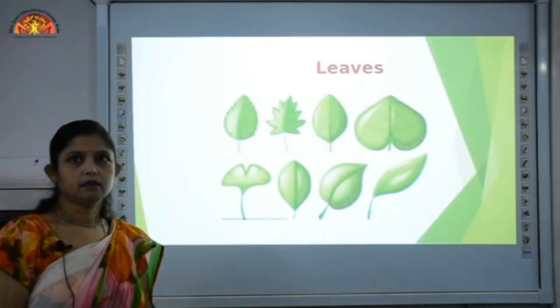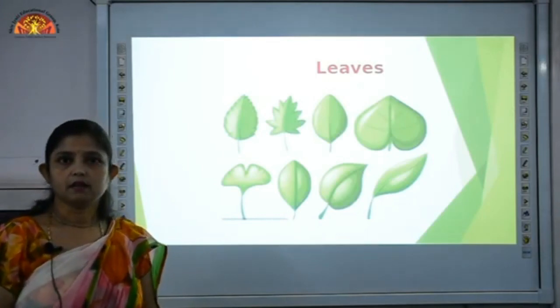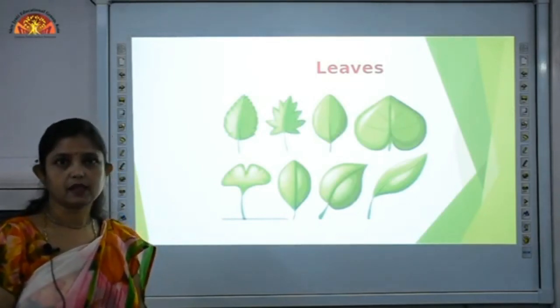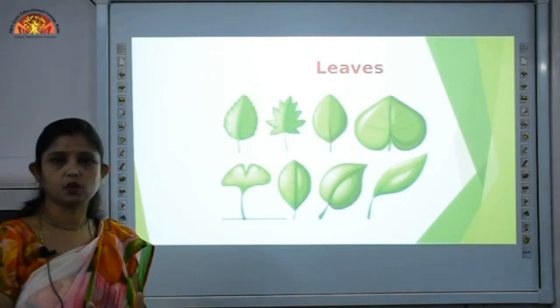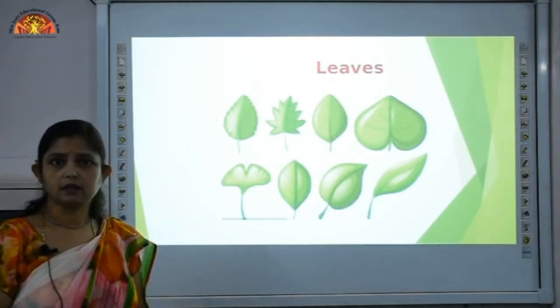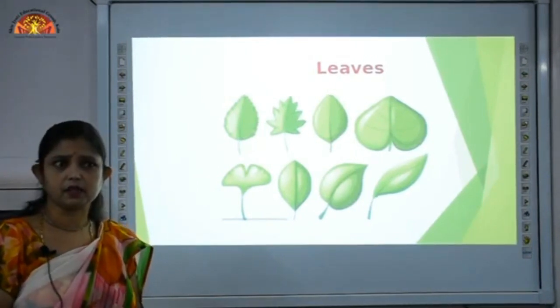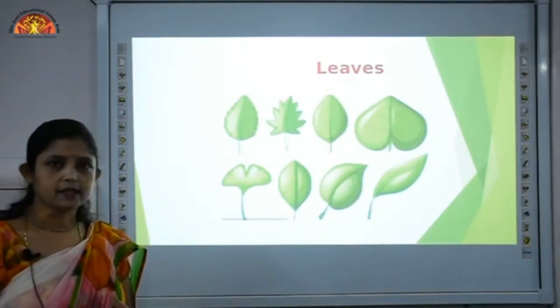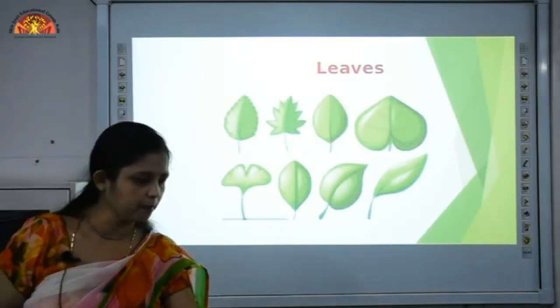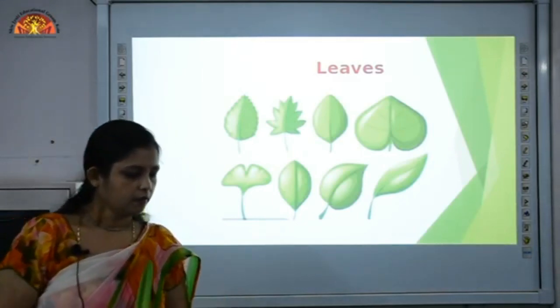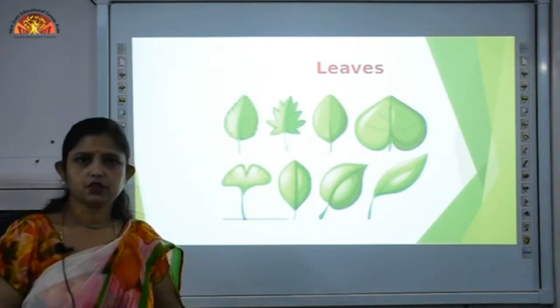Children, we are surrounded by a variety of plants, and different plants have different types of leaves, and we can identify the plants with the help of their leaves. I can show you some of the leaves of some plants like this. These leaves occur in different shapes and sizes.